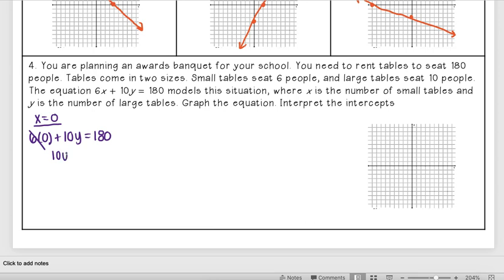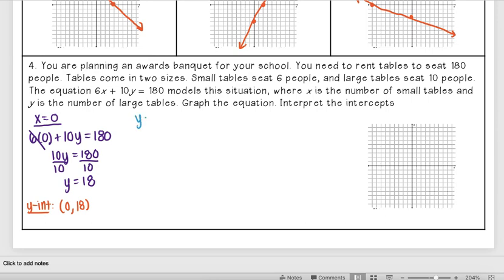So I just have 10y is equal to 180. And then when I divide both sides by 10, I get that y is equal to 18. And so my y-intercept here will be 0, since x equals 0, and then 18.